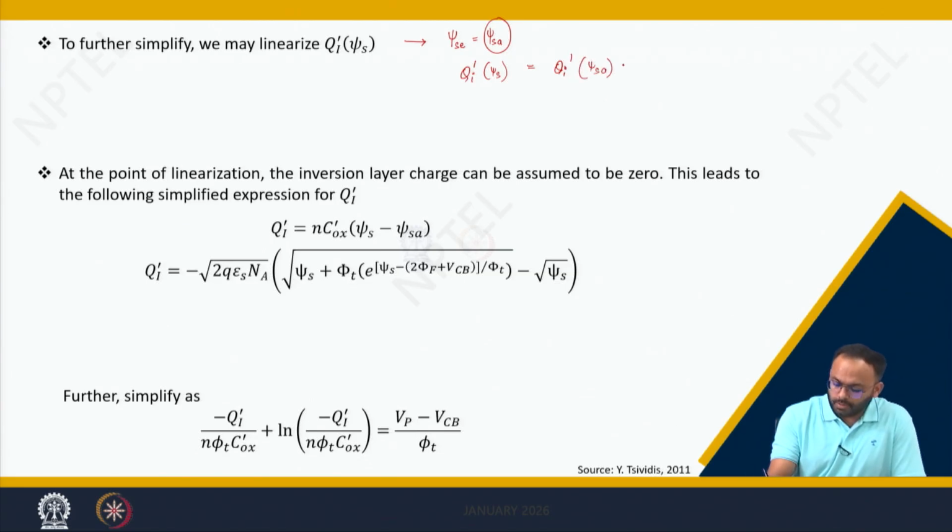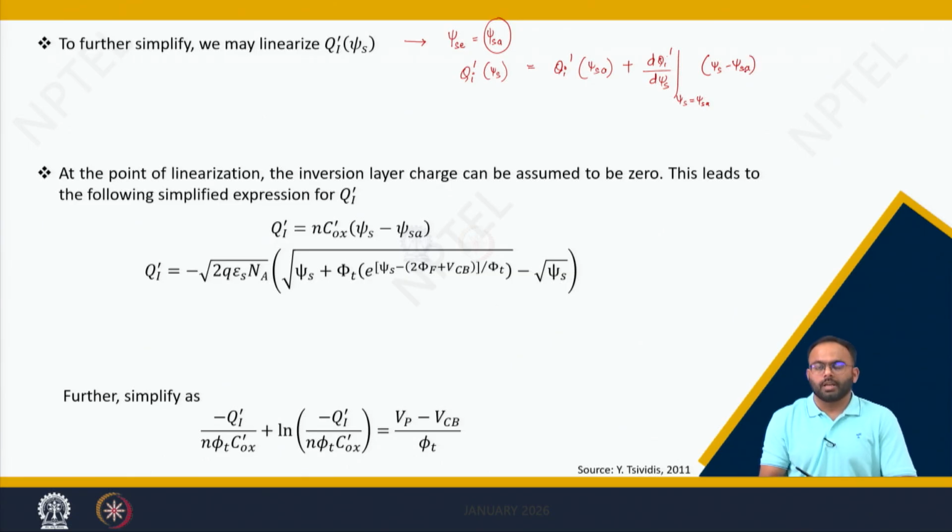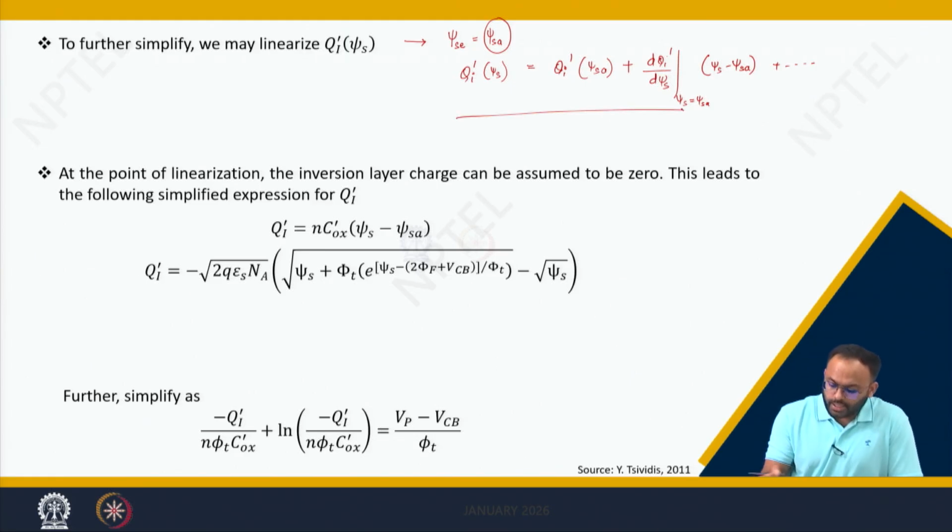So Qi dash for psi SA plus dQi dash per d psi s at psi s equals psi SA into psi s minus psi SA plus higher order terms. We will ignore the higher order terms and we will see how we can use this linearization to simplify our model.